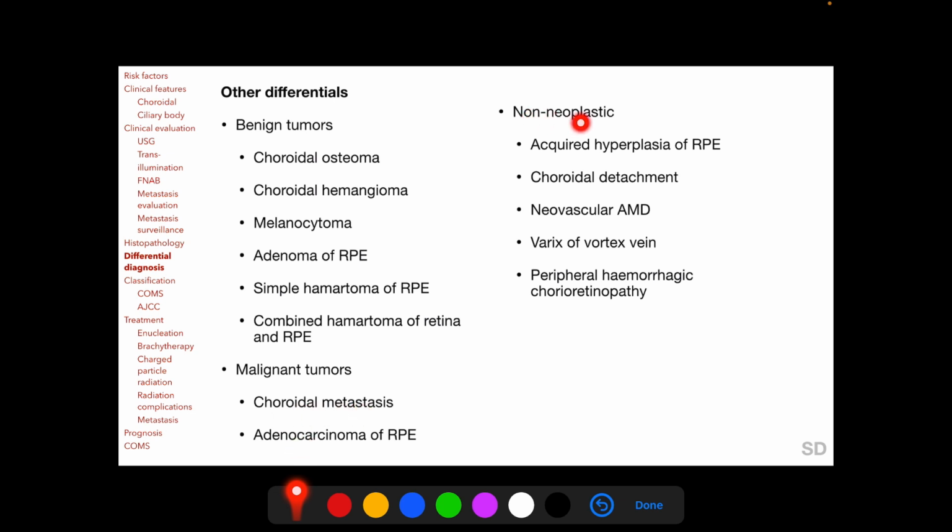Non-neoplastic lesions which can simulate choroidal melanoma or other choroidal tumors include acquired hyperplasia of RPE, choroidal detachment, neovascular AMD, varix of the vortex veins, and peripheral hemorrhagic chorioretinopathy. These 5 entities we have discussed in the previous session, and the remaining we'll be discussing in subsequent sessions.